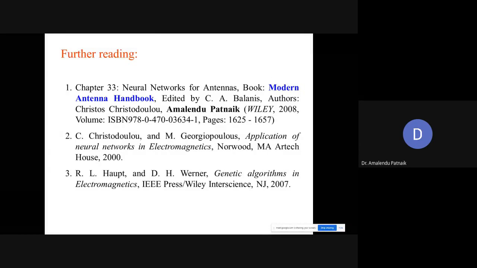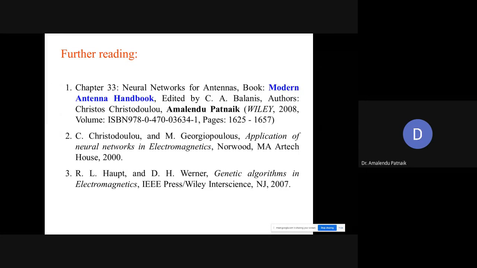another book, Genetic Algorithms in Electromagnetics, you can see this one. Although this book is specifically for genetic algorithm applications, the process of applying one meta-heuristic technique is not much different from applying other meta-heuristic techniques or meta-heuristic based optimizers.